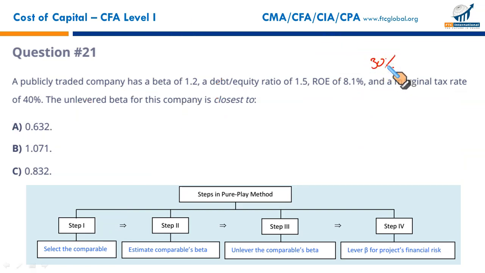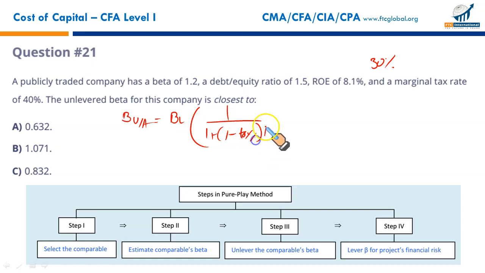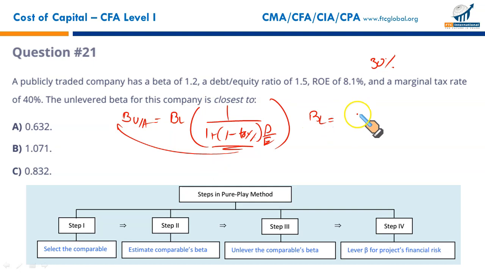The formula I used was: unlevered beta, or asset beta, is equal to levered beta times 1 over 1 plus (1 minus tax rate) into debt upon equity. If you simply take this denominator to the other side, you get the levered beta: unlevered beta or asset beta times 1 plus (1 minus tax) into debt upon equity. This is the last step.